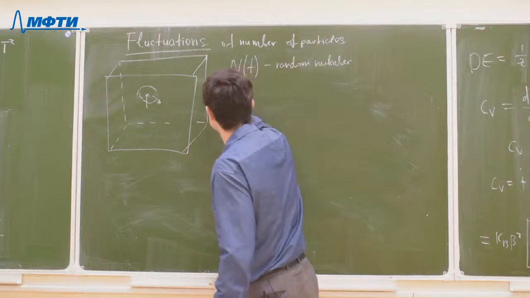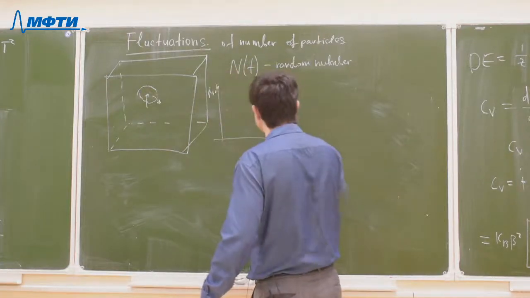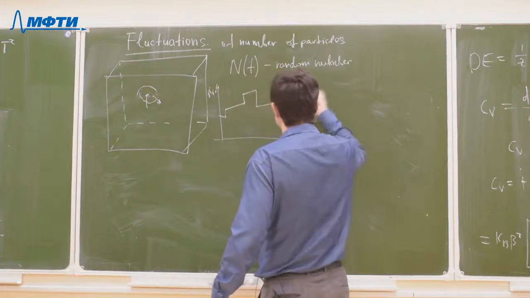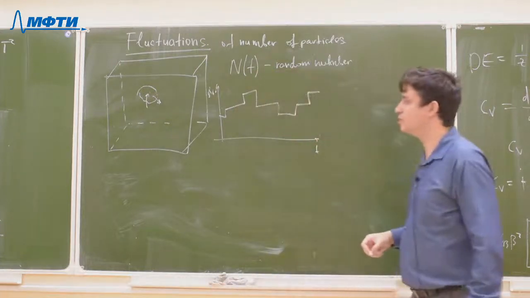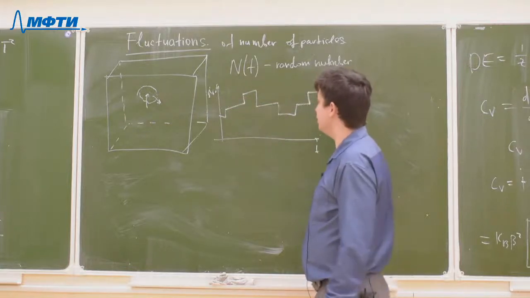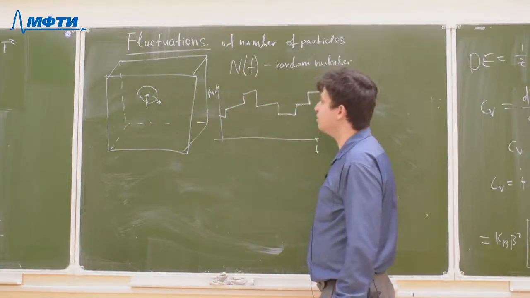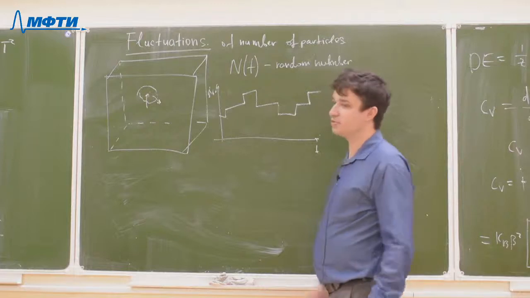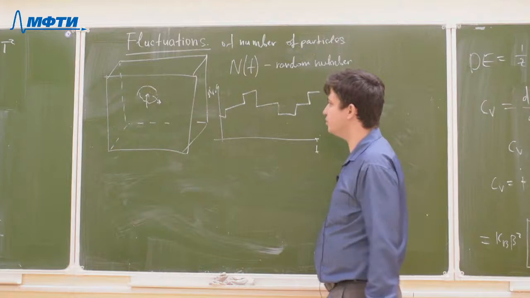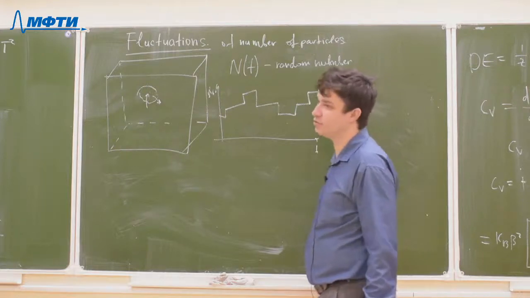So it will be something like this. Some kind of a step function over time. And this step function will change very abruptly, because the number of particles coming inside this volume and going outside of this volume would be, well, actually quite large per unit of time.